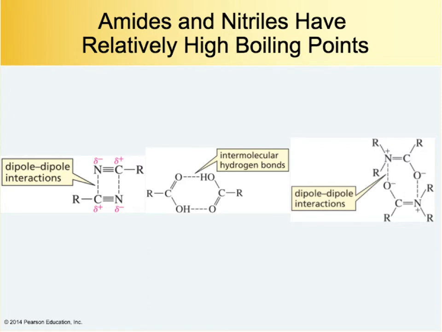Here's a picture of that. You can see the strong dipole interactions here, and the nice hydrogen bonding dipole interactions with an amide. Amides have really strong interactions because the nitrogen can donate electron density so well.